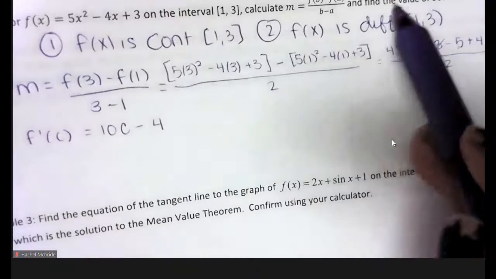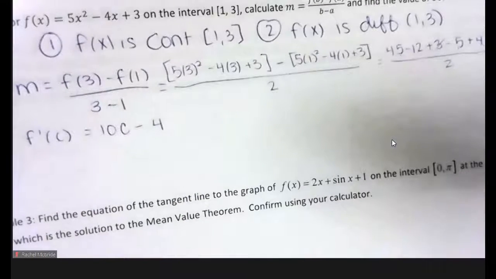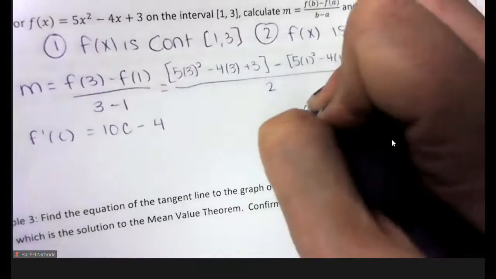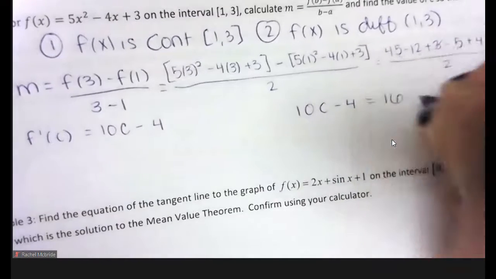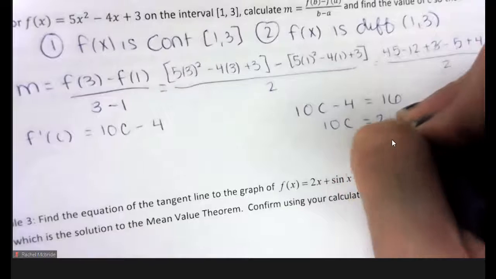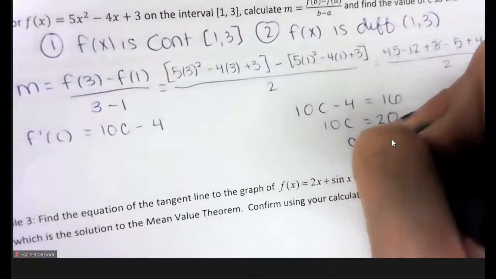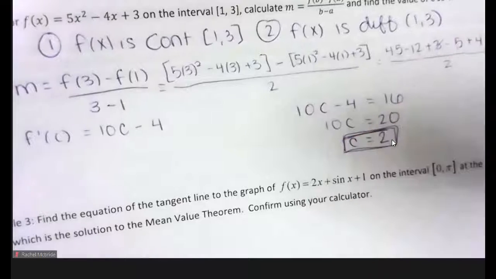And then we want to find the value of c in which the derivative is equal to the slope. So we want to know, when does 10c minus 4 equal 16? And the answer is 2.